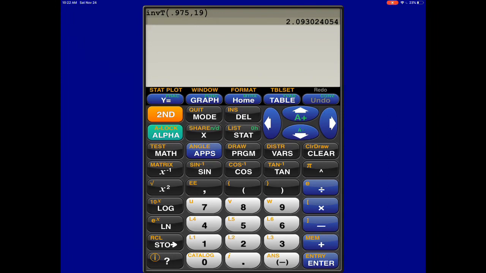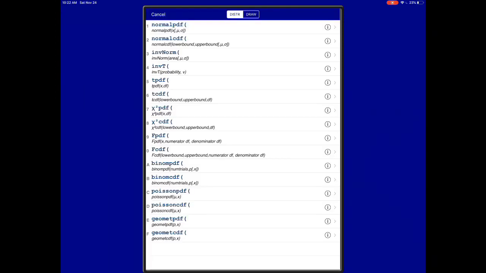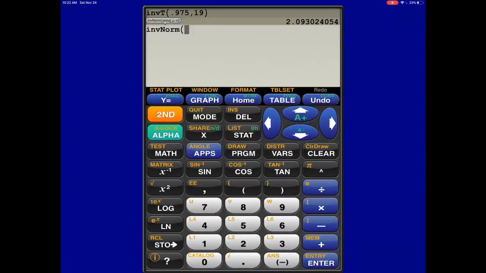Now, just for fun, I want to show you the difference between the t and the z. I'll go back to second distribution, and inverse normal is what we were using. And 0.975 on the inverse normal, where we don't have to worry about degrees of freedom, was about 1.96. So do you see that the t distribution will have wider intervals? That is because we're adjusting for the fact that we are estimating our standard deviation.